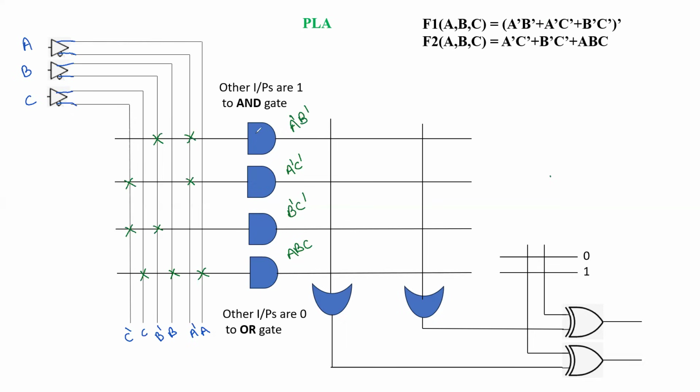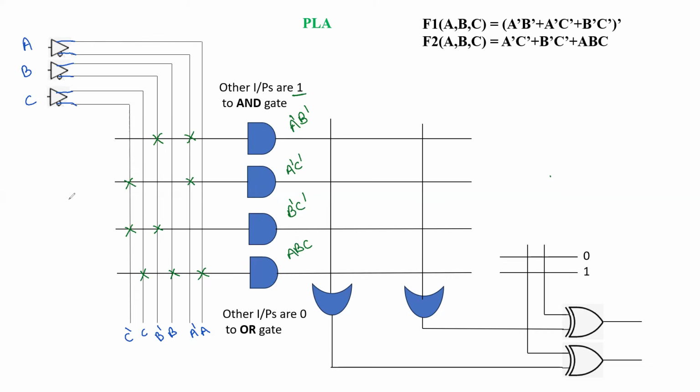Now, if you see that we have four-input AND gates and we are connecting only 2 literals or 3 literals, the port of the AND gate which is open is by default connected with 1. Whatever ports remain open for the AND gate, all are connected with 1.